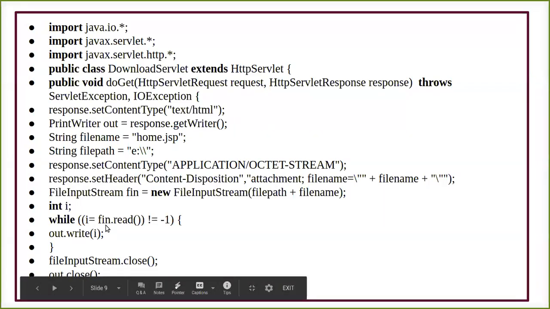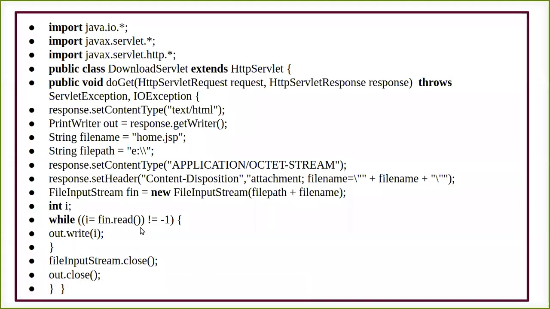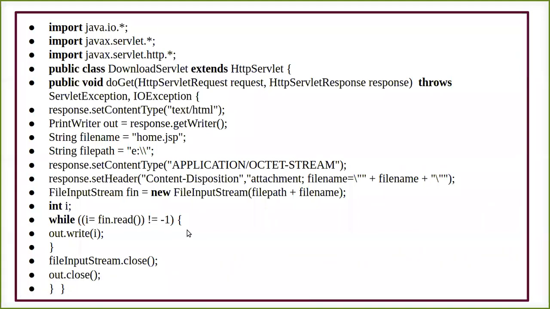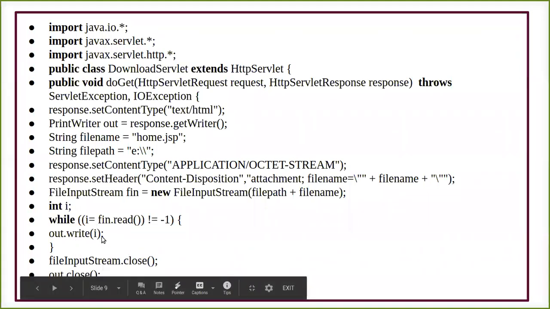If the value read is not equal to -1, that means the file exists, so I have to write it. That means I have to make the client download that file. This is how you download a file from your servlet. I hope you have understood this.